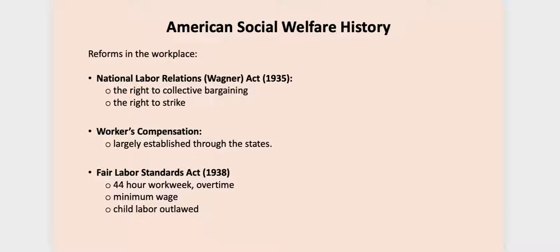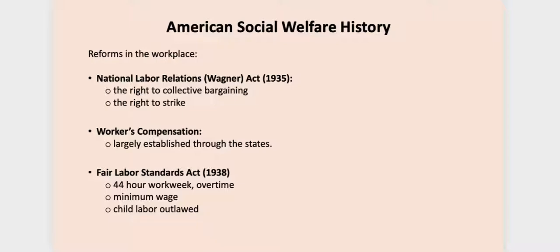Now, that only applies to businesses that are subject to federal regulation. That has something to do with the size and where their products go. Unfortunately, it doesn't protect everybody. But the idea of the standard work week with time and a half for overtime came out of the Fair Labor Standards Act.